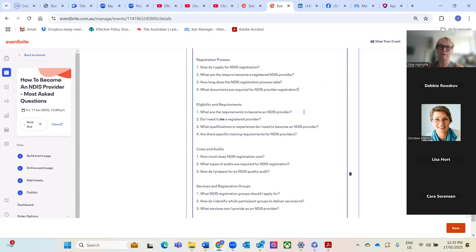If you want to become a behaviour support practitioner, clearly you need to have behaviour support practitioner skills and experience. If you want to become a speech pathologist, clearly you need to be a speech pathologist. But if you want to become a provider of just general community participation and things like that, although it says a certificate 3 is preferred, and that's really hitting low, then that's it.